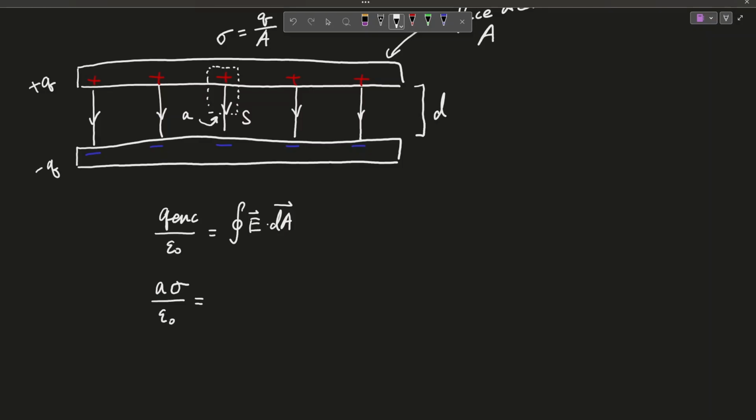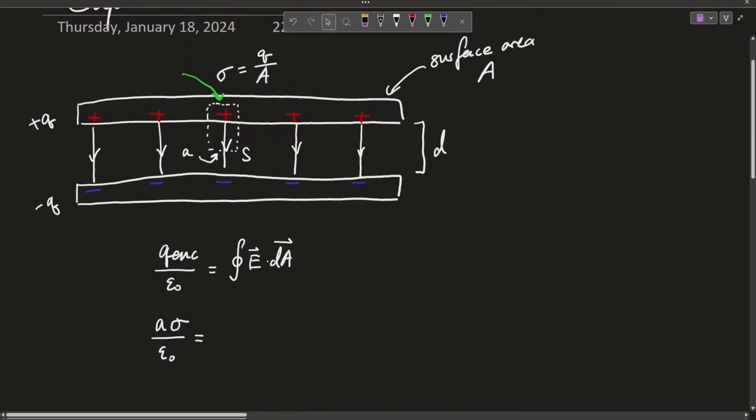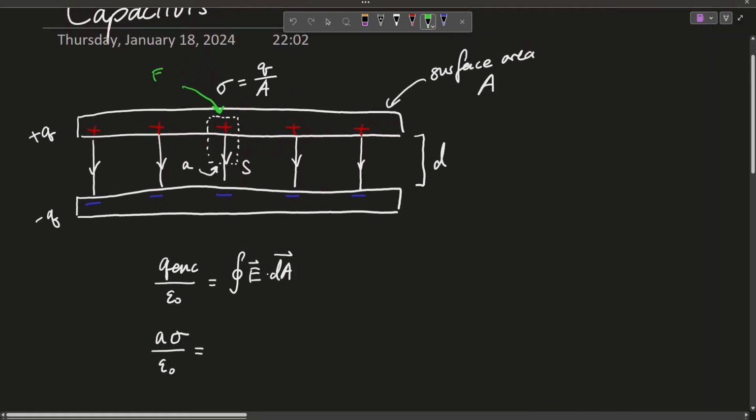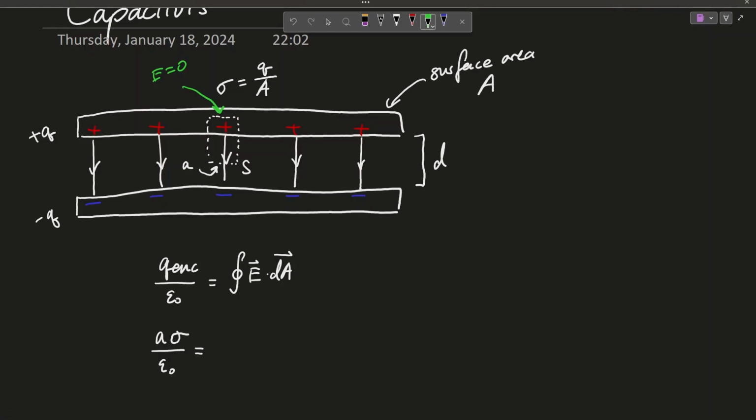And then what about the right side? Well, we can actually eliminate a couple of the sides of this surface. First of all, the top side here is inside of the conductor, and we know inside of a conductor the E field must be 0, since otherwise that would violate electrostatic conditions, as charges would start moving around according to that E field. So there's going to be no electric flux through that top face.